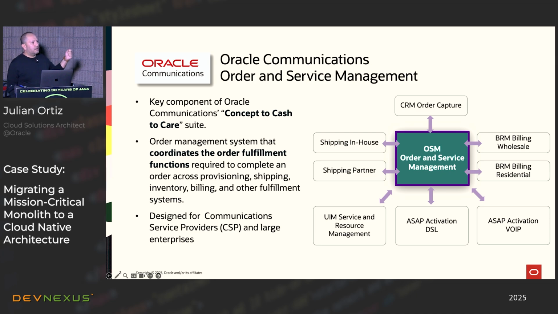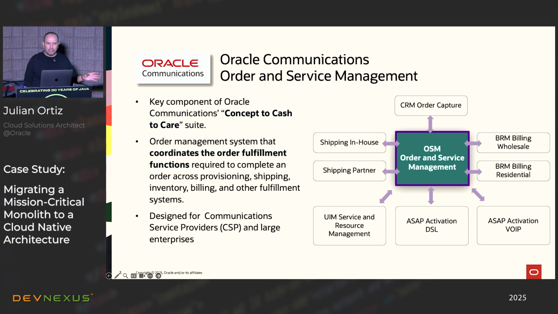The other step in that order is retrieving the equipment from the warehouse, putting in a shipping order with a shipping partner, and sending it to your home. And lastly, you get the equipment and they dispatch somebody to your home to make sure that you got the internet or the service that you acquired. And finally, using one of the activation systems, they activate the service. So it's basically order, fulfillment, and delivery of the services.